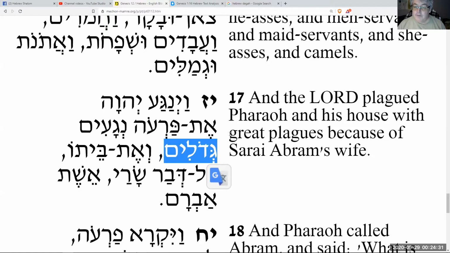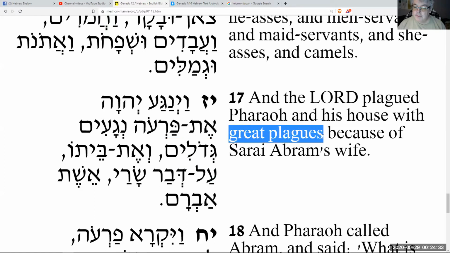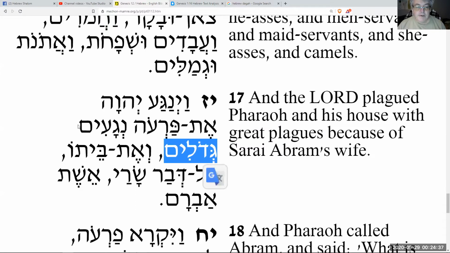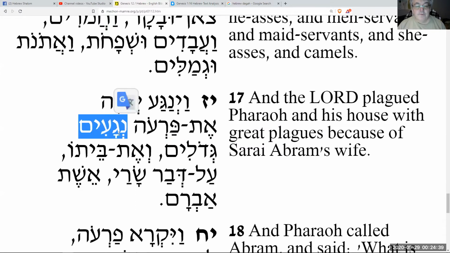And so you get great plagues. So this plural masculine ending, gedolim, is matching up with the word for plagues, which is negaim. And there you see it rhymes again. So you get negaim, gedolim, especially if you're putting the emphasis on the last syllable. Negaim, gedolim. You hear that rhyme there.